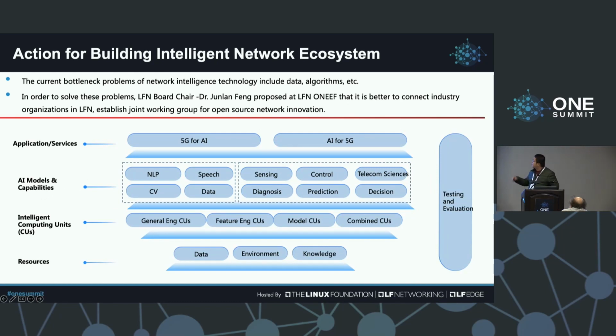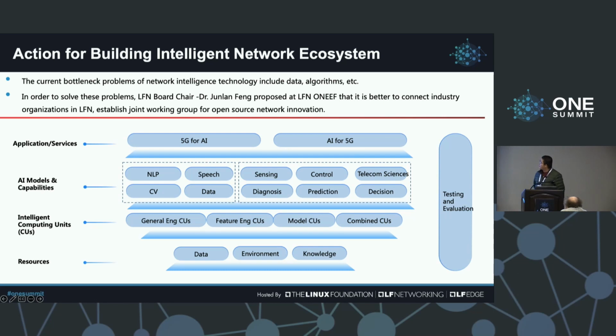These slides show our motivation and action for building the intelligent network ecosystem. As you know, the current bottleneck problems of network intelligence technology include data, algorithms, and so on.